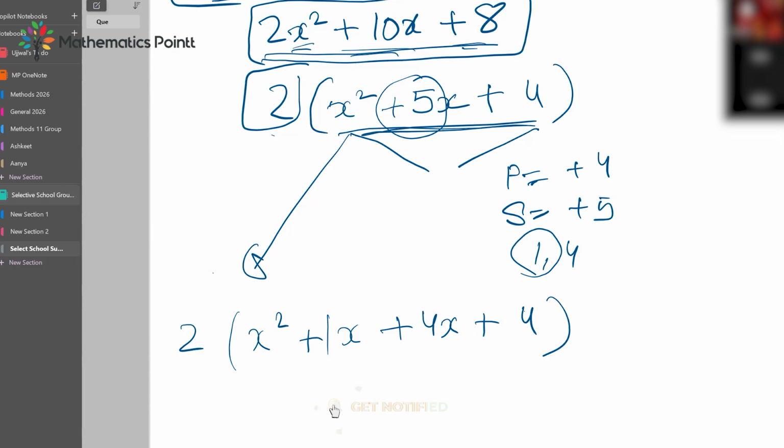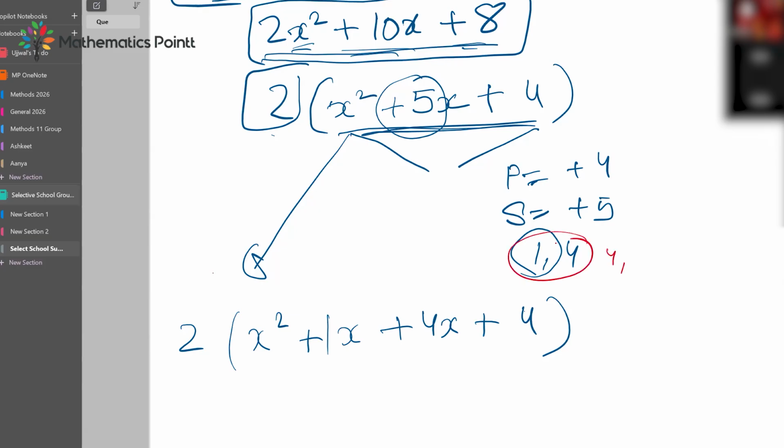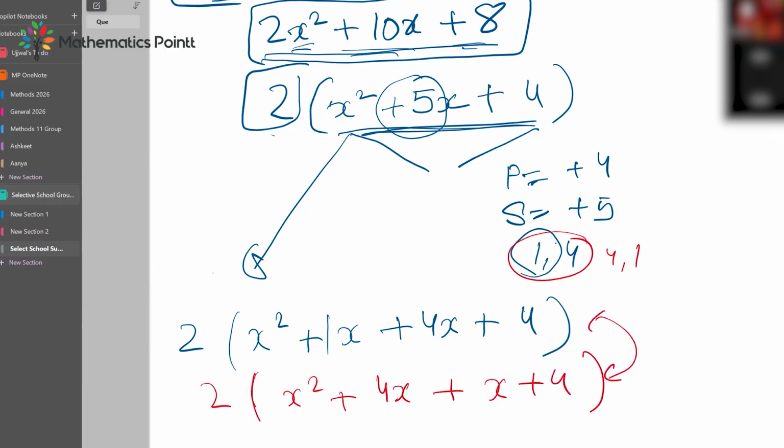I can also write the other way around. I can write 4 and 1 as well. So I could have written x square, the 2 sits outside, plus 4x plus x plus 4. Both of them are correct. The order does not matter. Okay.